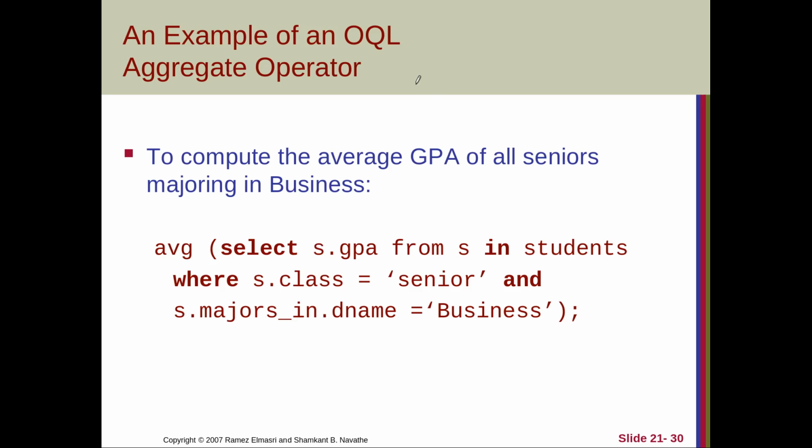Now an example with an aggregate operator: to compute the average CGPA or GPA of all seniors majoring in business. So the meaning is to compute the average CGPA of all seniors, maybe one class, whose major is business. For example, all the engineering students whose major is computer science.